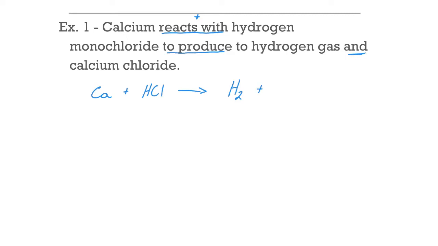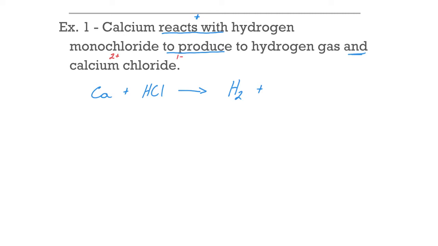Now I can't forget my rules when I'm writing the chemical formula for calcium chloride. Calcium is a metal, and so I know this is an ionic compound. So again, I follow my rules for an ionic compound. One of the strategies I would use is to write my ions just above the words. I know that calcium has a charge of 2 positive, and chlorine has a charge of 1 negative.